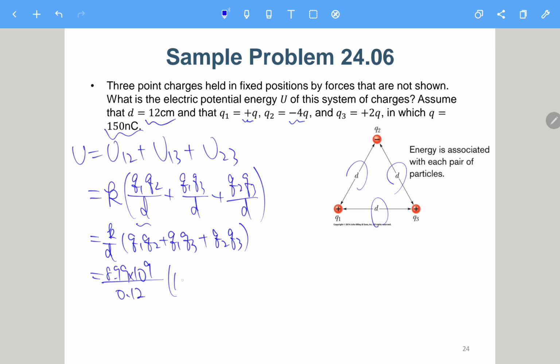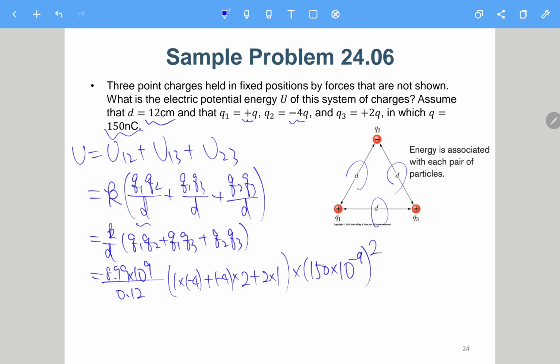So Q1 Q2 is 1 times -4, plus Q2 Q3, which is -4 times 2, plus Q3 Q1, which is 2 times 1. Maybe reorder it: this is Q2 Q3 plus Q3 Q1. Then multiply by 150 times 10 to the -9, since nano is 10 to the -9, all squared.